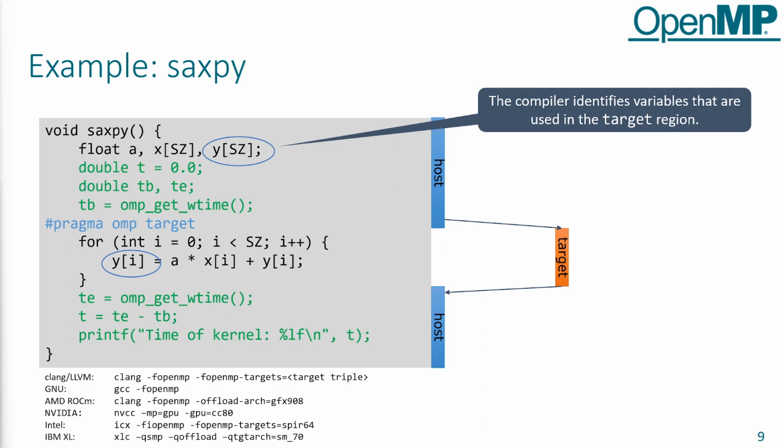And so what the compiler now knows is that Y is an array of size SZ, right? And what it will do for you is add a map clause, and I put it in quotation marks, and you'll see the reason in a minute. So it will automatically add the corresponding map clause for the Y array to transfer it from the 0th element up to the last one, size minus 1, right?